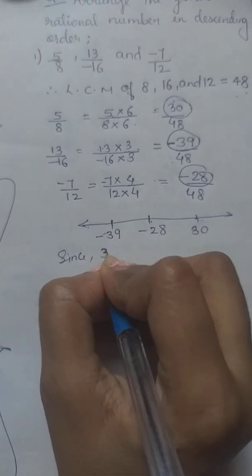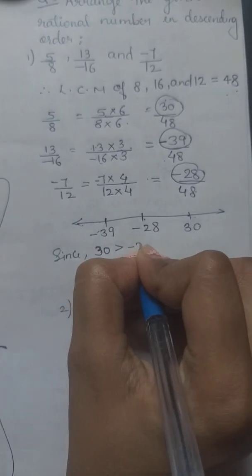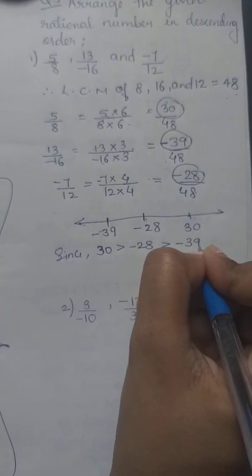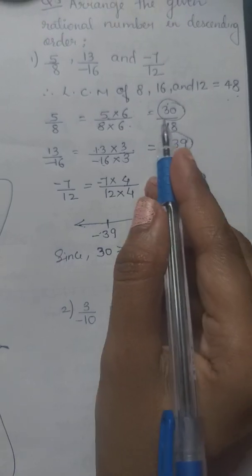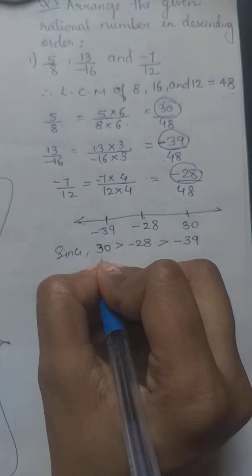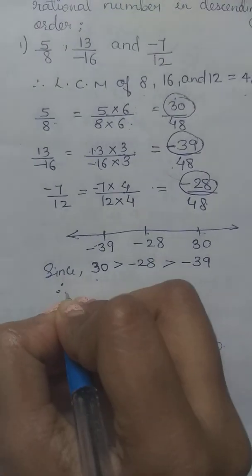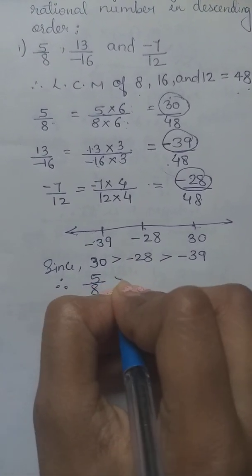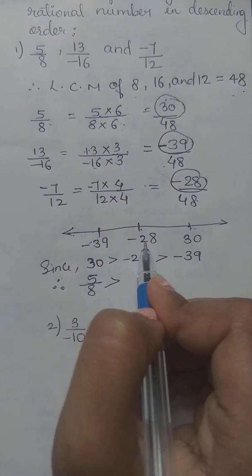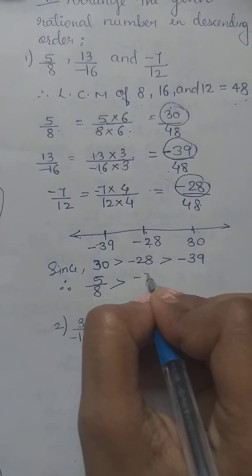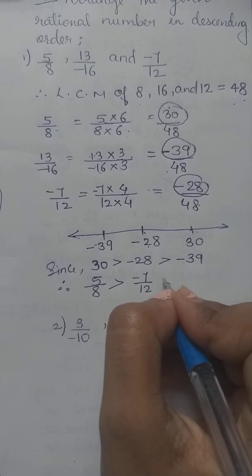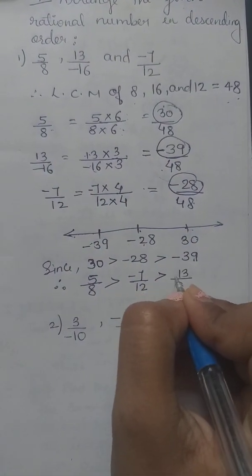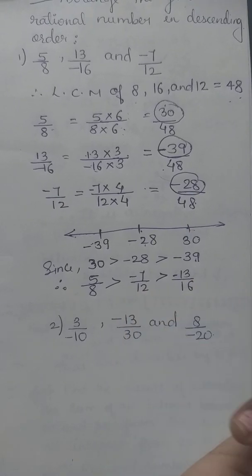Since 30 is greater than minus 28, then minus 39. So 30 means, yeah, this number, the original number. So therefore 5 by 8 is greater than 28, which means this number, minus 7 by 12, then 39 means 13 by 16.